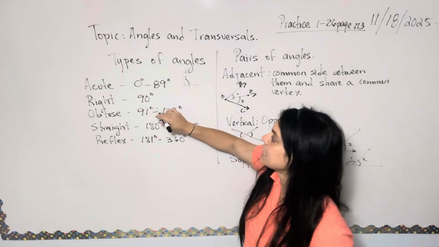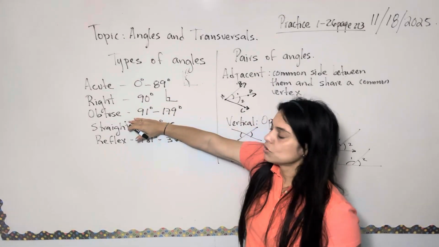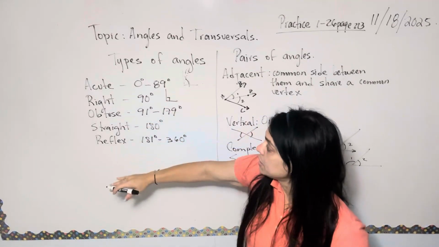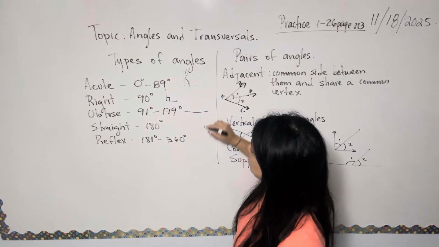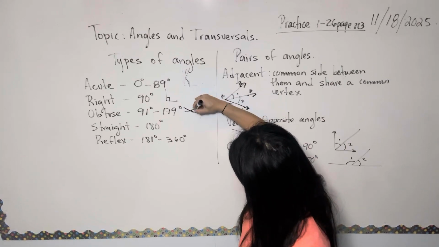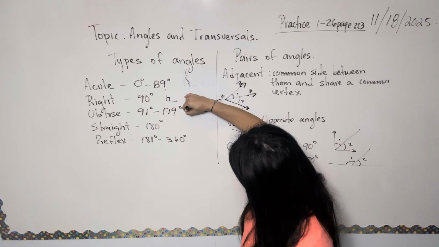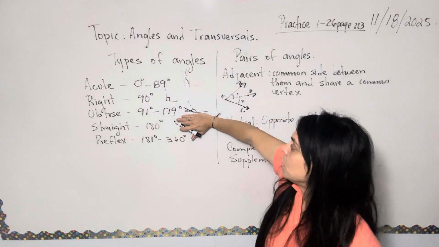Then we have the right angle, which is 90 degrees. Then we have the obtuse angle, which is bigger than 90 but less than 180. So this is 180, so our angle should be less. You can't have 180.